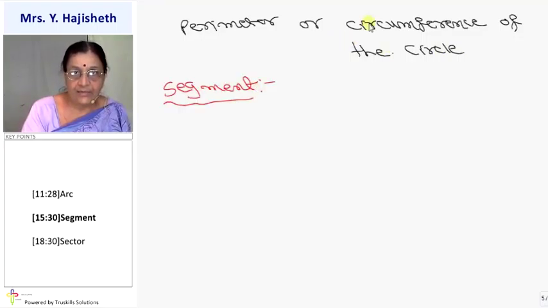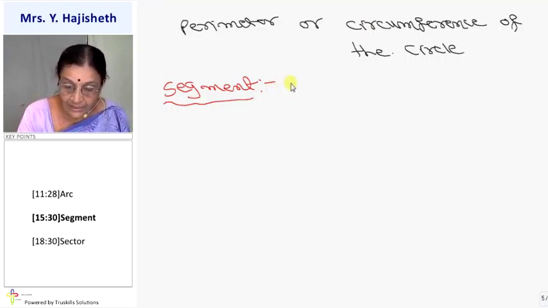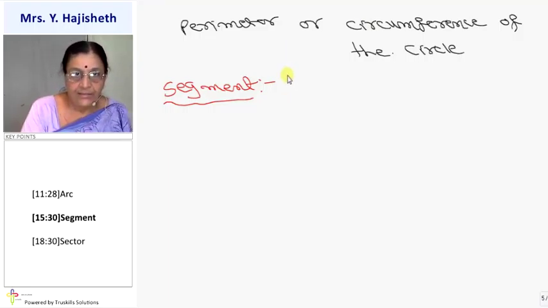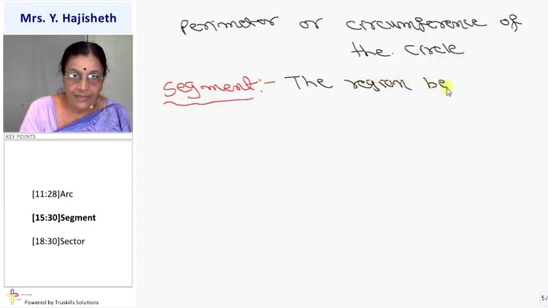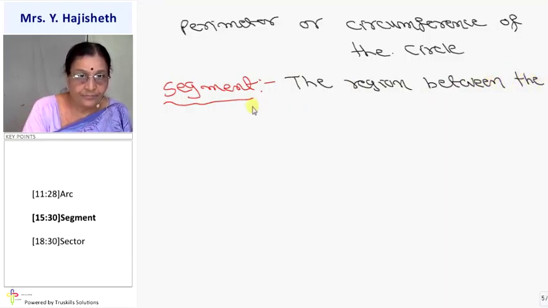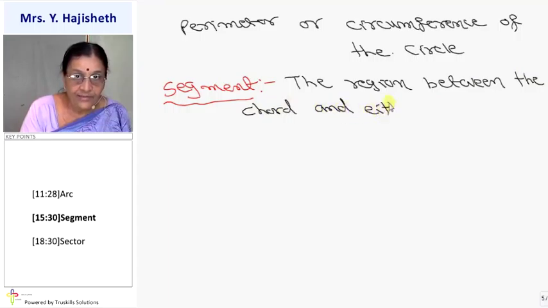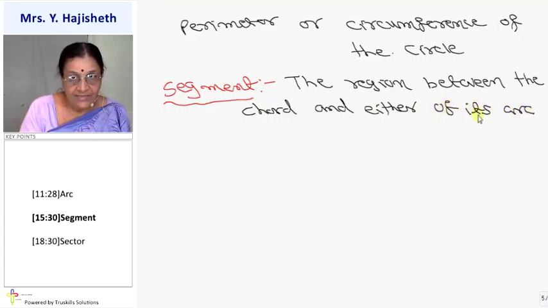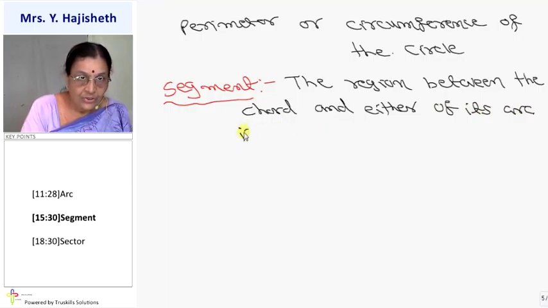First we are discussing segment. Segment means the region between a chord and either of its arcs. It may be a major arc or a minor arc, each is called a segment.